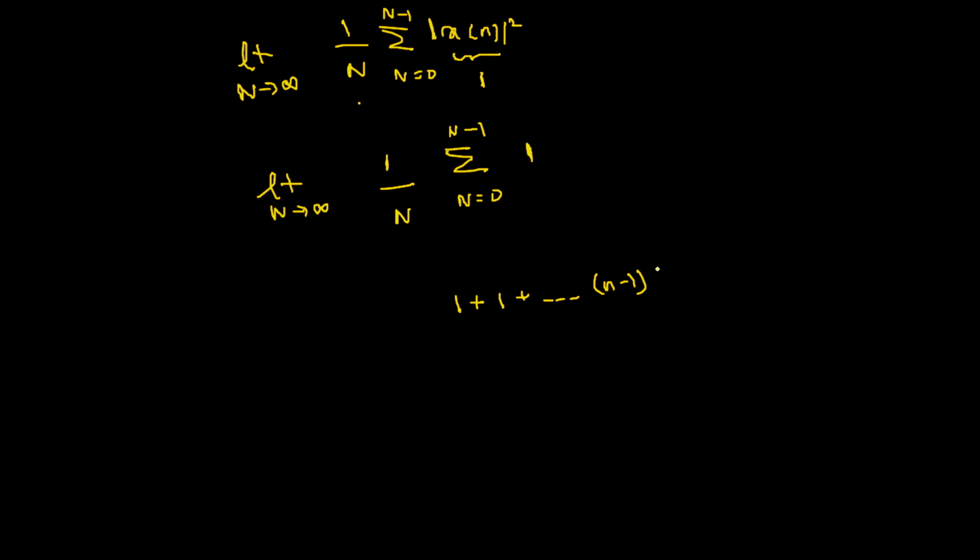Let's see with a few examples. Let's say I'm adding it all the way up to 4. So basically, if my n is 4, I will have to add ones till 3. So 1 plus 1 plus 1 plus 1. This comes out from 0 actually, because at the point n is equal to 0, I have 1.